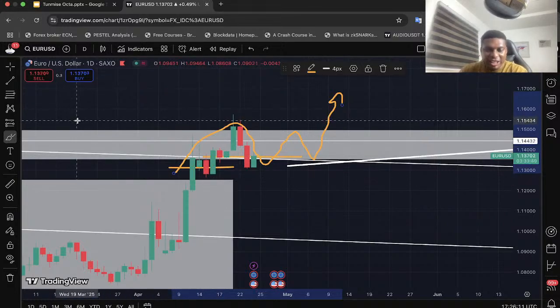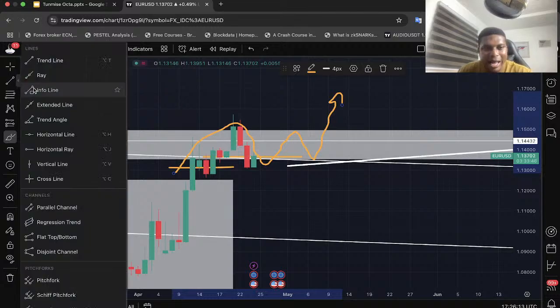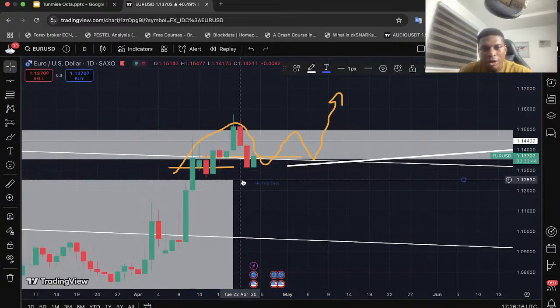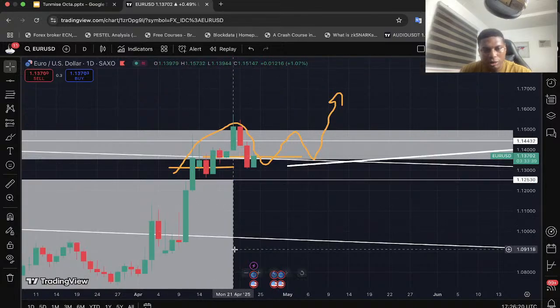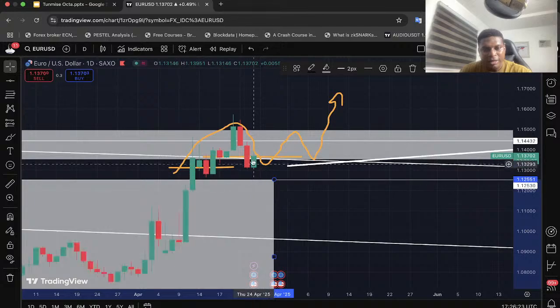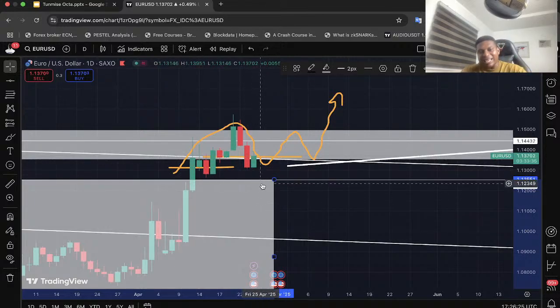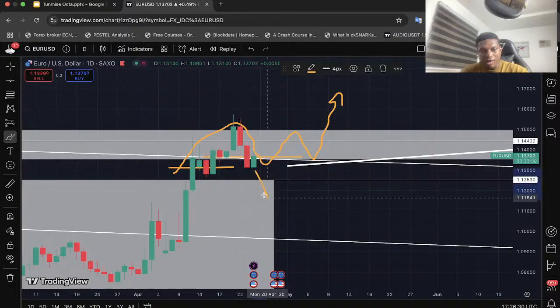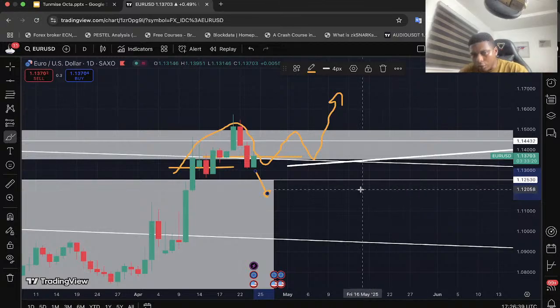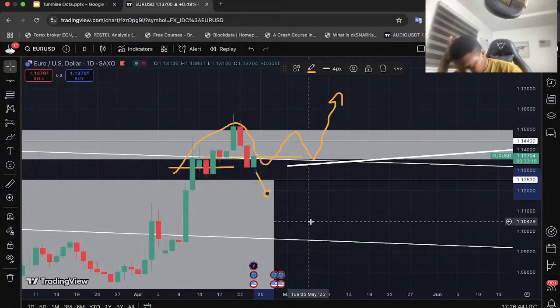The game changes when any of the candlesticks closes inside this box. Let me extend it. If any of the candlesticks closes back inside this box, like so, let's say the candlestick comes in and closes inside this box, then we would see a continuous consolidation or continuous fall in price.